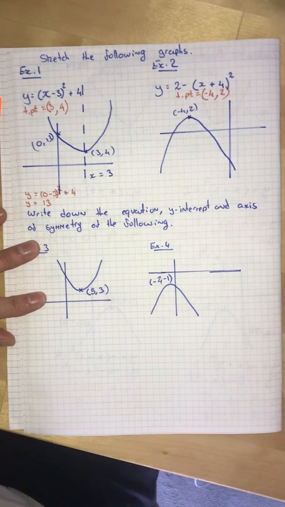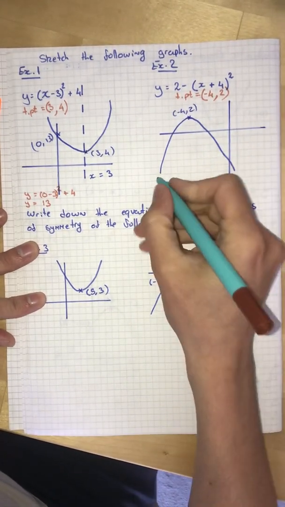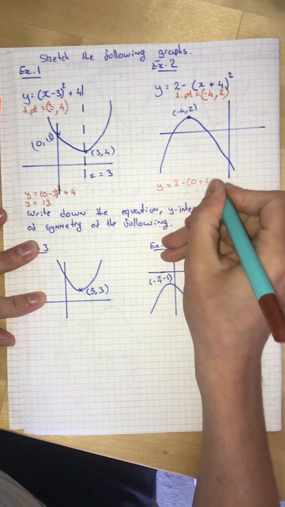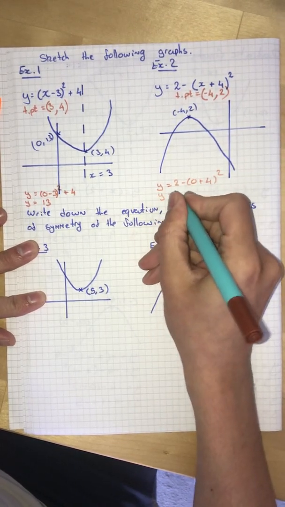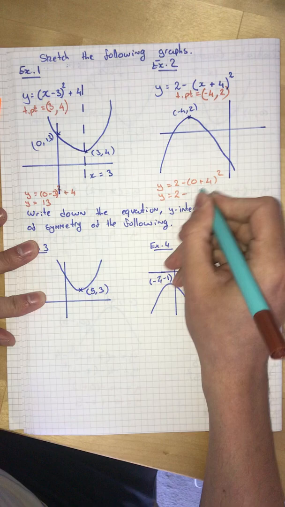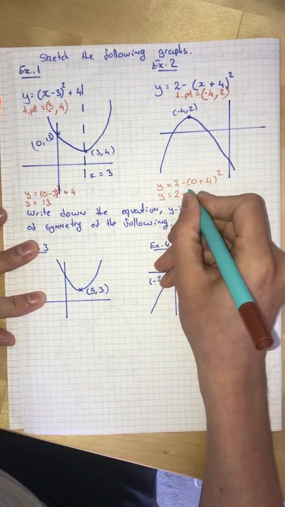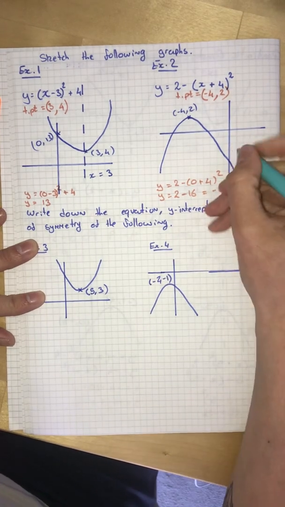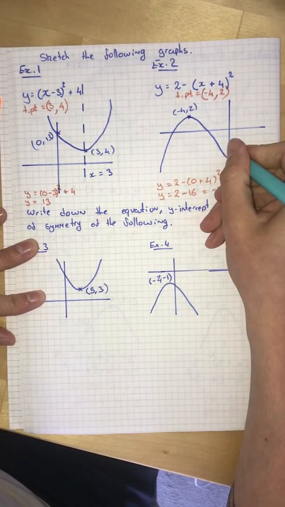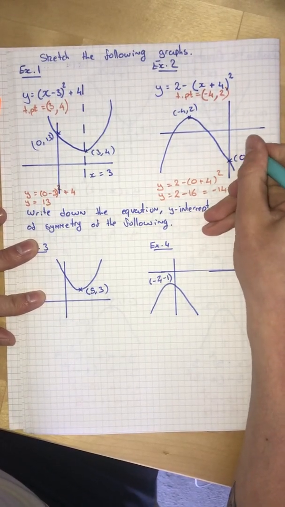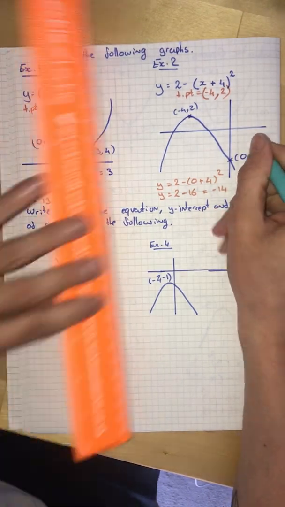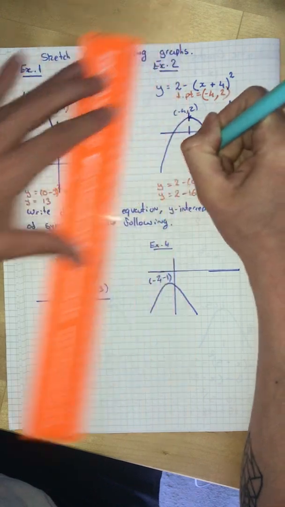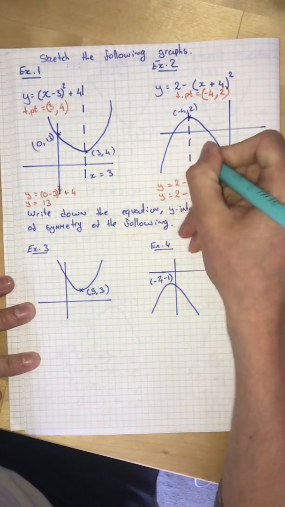And the last thing we need for this one is to get the y-intercept. Zero plus 4 is 4, squared is 16. 2 minus 16 is negative 14. So that is 0, negative 14. And the axis of symmetry will be x equals negative 4.